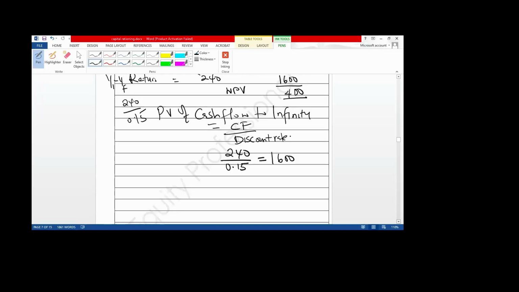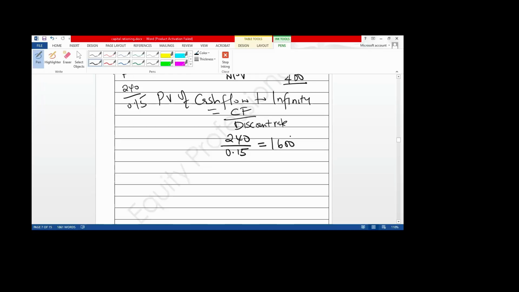You compare. If I take the first project, I'm going to get an NPV of 540.